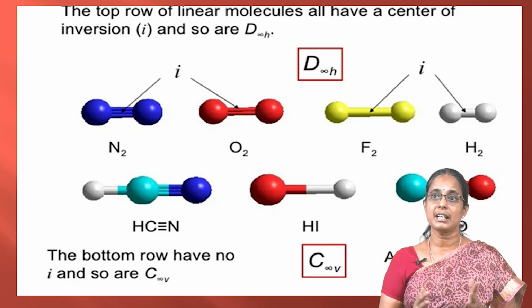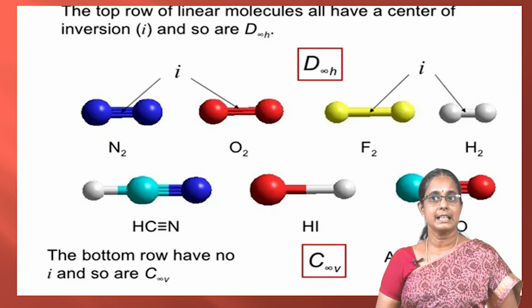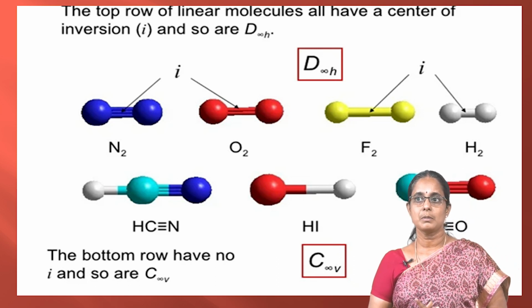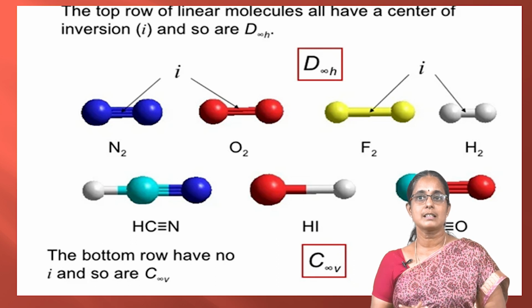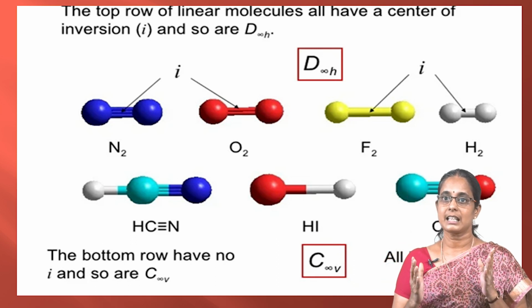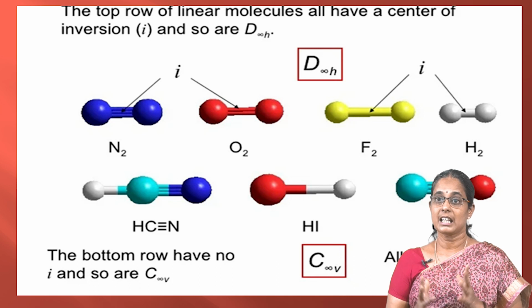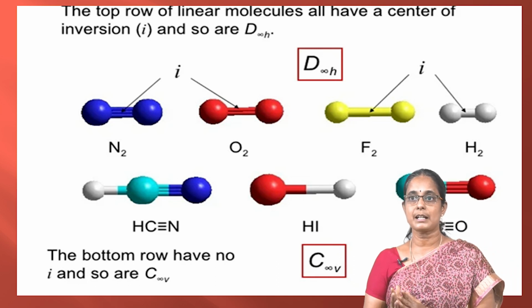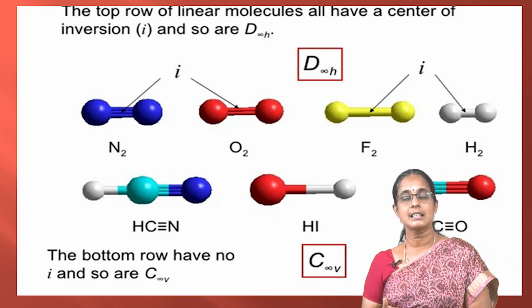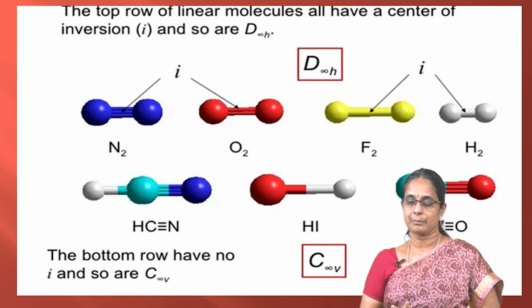In the D infinity h point group, this group of molecules contains the C infinity axis, infinite C2 axes perpendicular to the C infinity axis, and a sigma h plane.